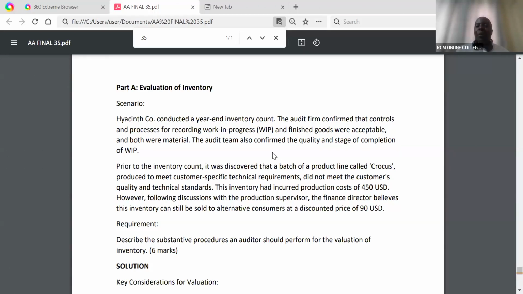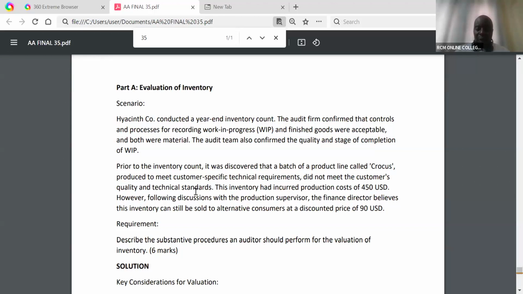So the audit team also confirmed the quality and the stage of completion of work in progress. So no further audits to be done on this because we have confirmed the quality. We also know the stage of completion. There are 30%, there are 60%. In the inventory count, it was discovered that a batch of a product line called Crocas, produced to meet customer-specific technical requirements, did not meet the customer's quality and technical standards.